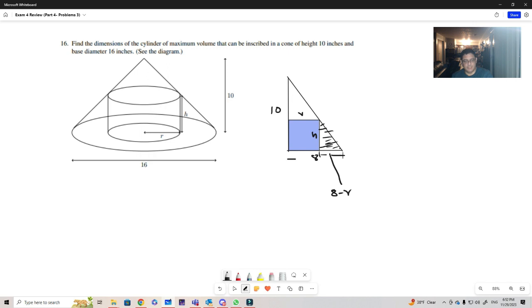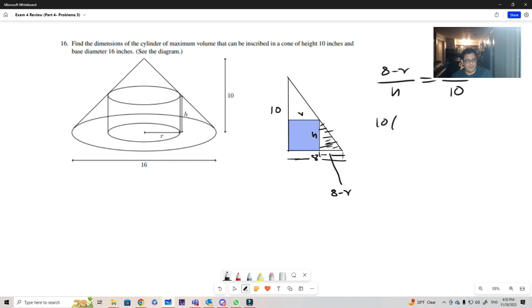Why? Because the whole thing is 8, right? The whole thing is 8, and we're subtracting this piece here that measures r. So now we know that 8 minus r is to h as 8 is to 10, just by similarities of this small triangle to the big triangle.